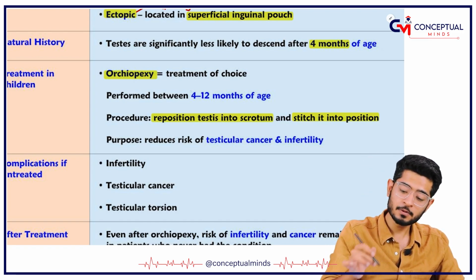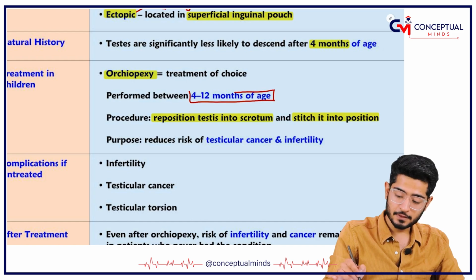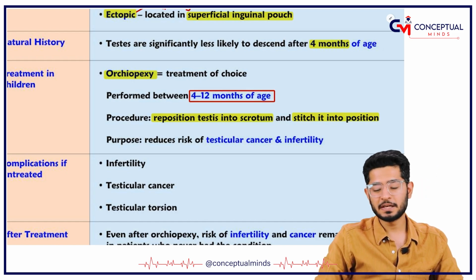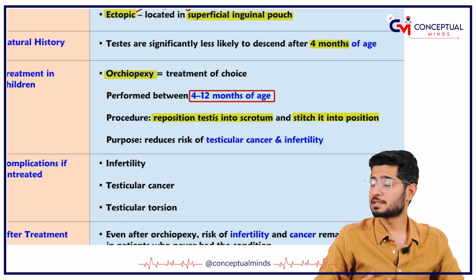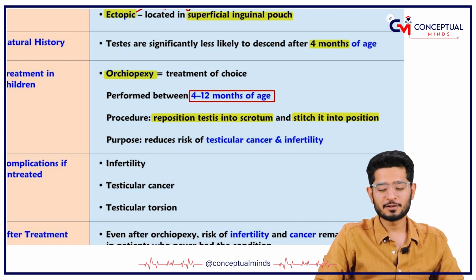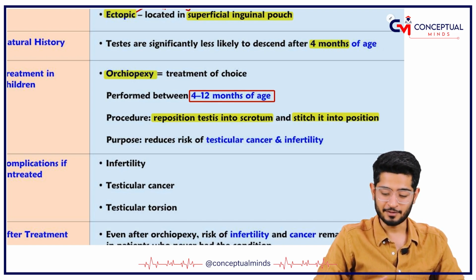This is performed between 4 to 12 months of age. It is believed that after 12 months of age, the child is going to retain memory, so it is a tradition that we perform it before 1 year of age.